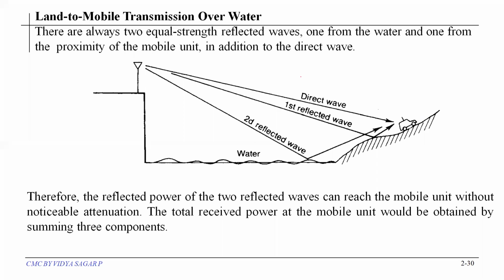We can calculate the delta phi from this equation by using some examples. Now the delta phi is equal to 4 pi h1' h2' by lambda d, which is for between two fixed stations.